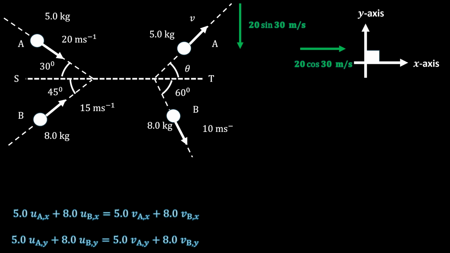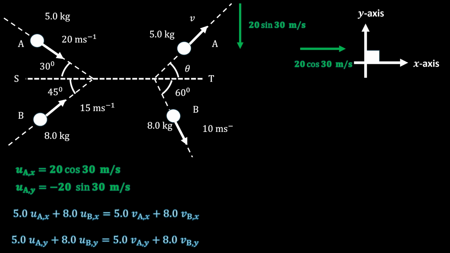Hence we have UAX equals 20 cos 30 meter per second and UAY equals minus 20 sine 30 meter per second. The negative sign for UAY is because the y component of the velocity UA is opposite to the direction of our y-axis.